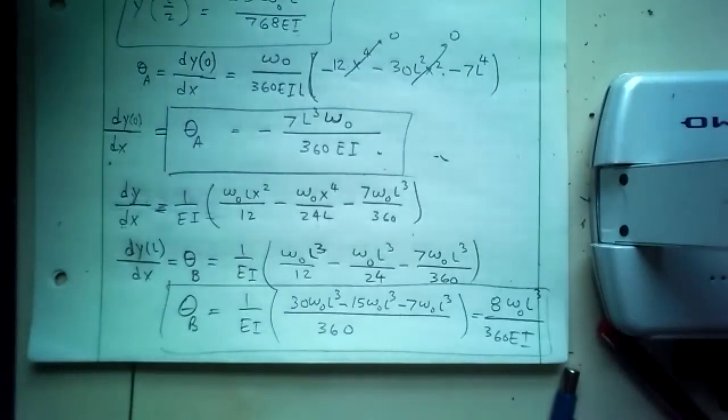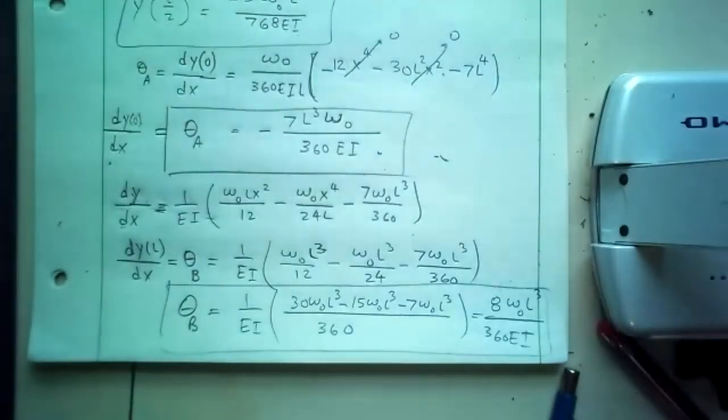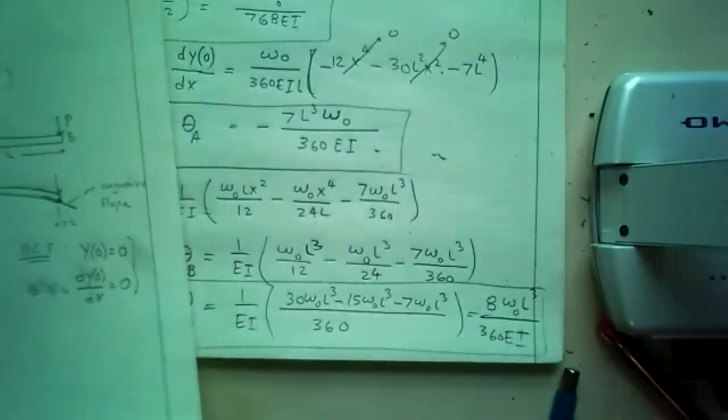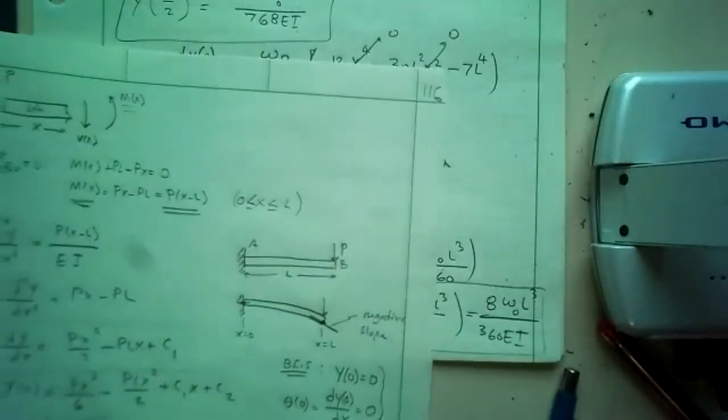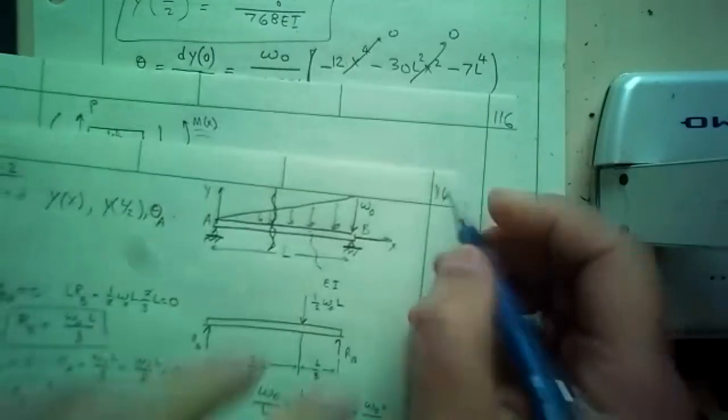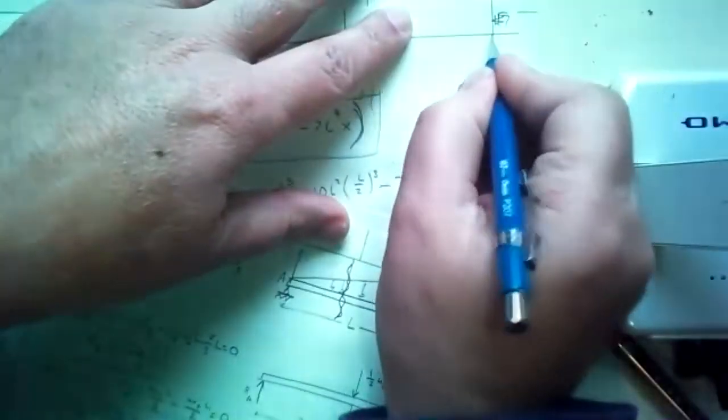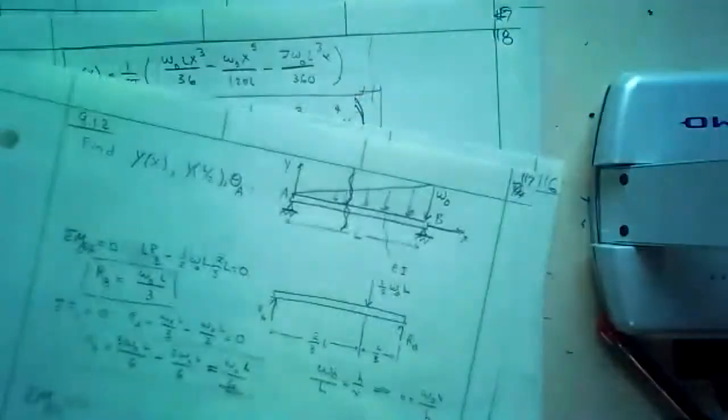We're on schedule for our notes we made earlier in the class. This is page 117, and this is 118. So next class we'll continue with beam deflection. I'll show you another method, and then I'll show you a third method using superposition.